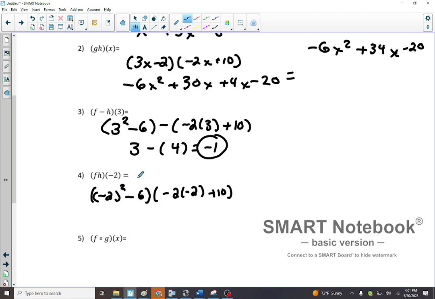You could also distribute it with x's and then plug in the negative 2 after, but when you have a number, it's easier to plug in the number first. So 4 minus 6 is negative 2, positive 4 plus 10 is 14. So the final answer is negative 28.